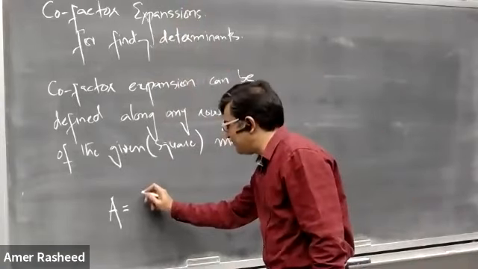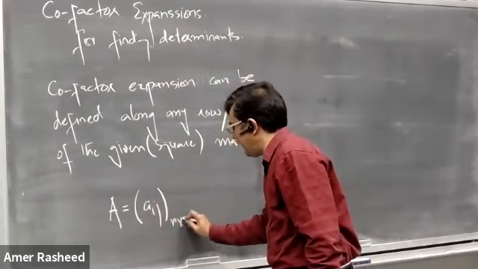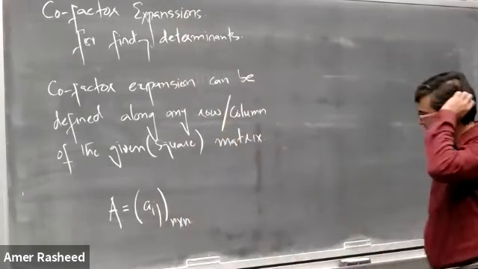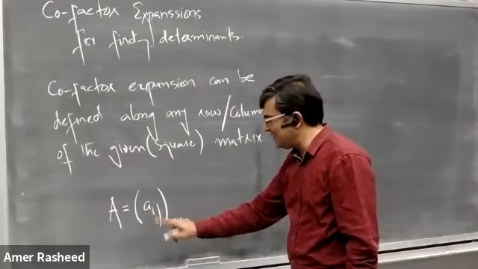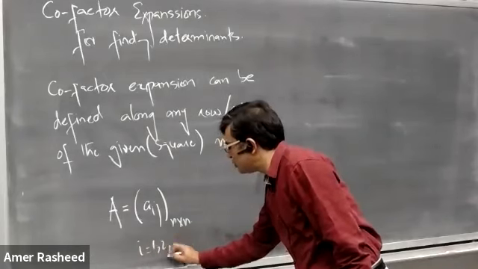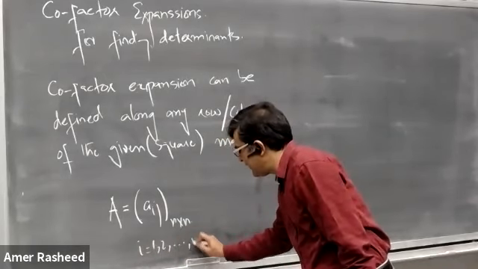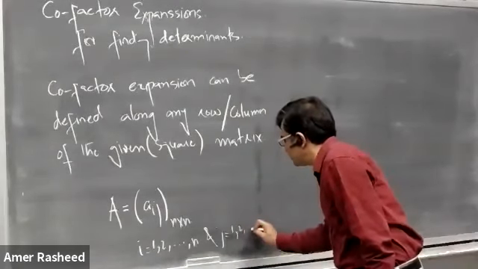The general matrix can be written in this form as well, Aij, n cross n. So this is a matrix where the order is n cross n. It obviously means that i varies from 1 to n, and j also varies from 1 to n.